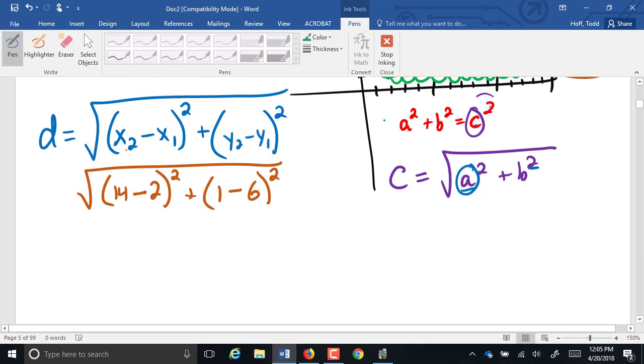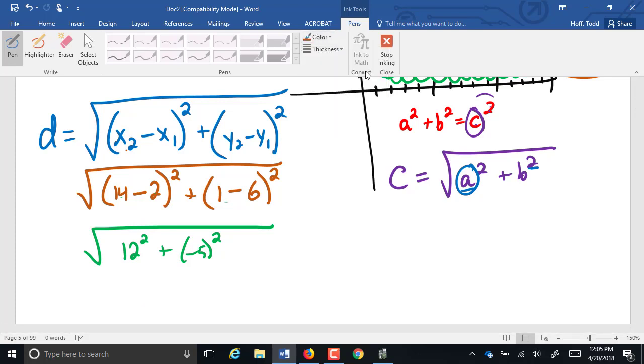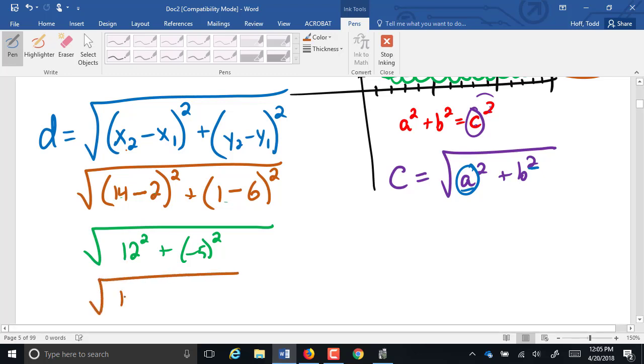So as we work through it, 14 minus 2 is 12. That's going to be squared. 1 minus 6 is a negative 5. That'll also be squared. Note that on your calculators, you do have to leave that negative in parentheses to square it. Twelve squared is 144.